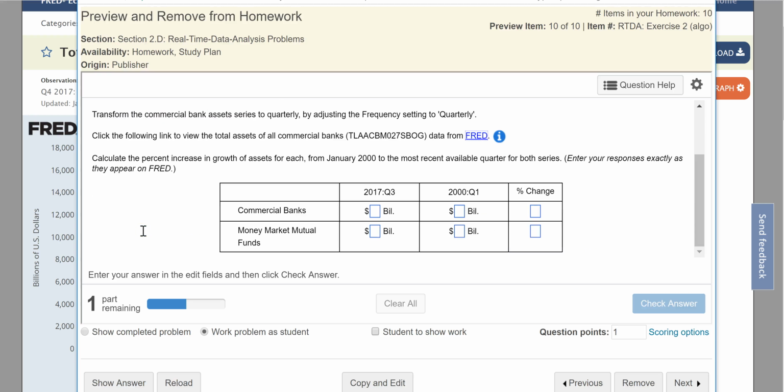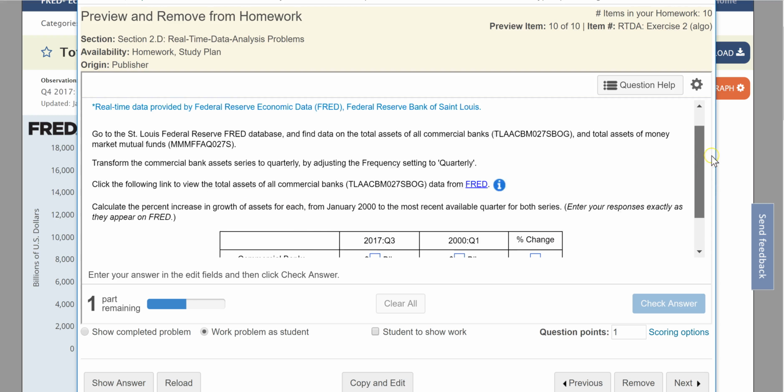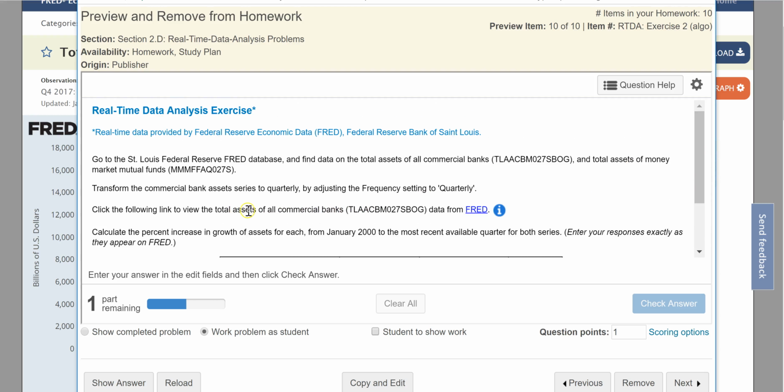So let's read on. Calculate the percentage increase in growth of assets for each. So far, we only have the total assets of all commercial banks, but the setup also mentions a second data series, which is the total assets of money market mutual funds.